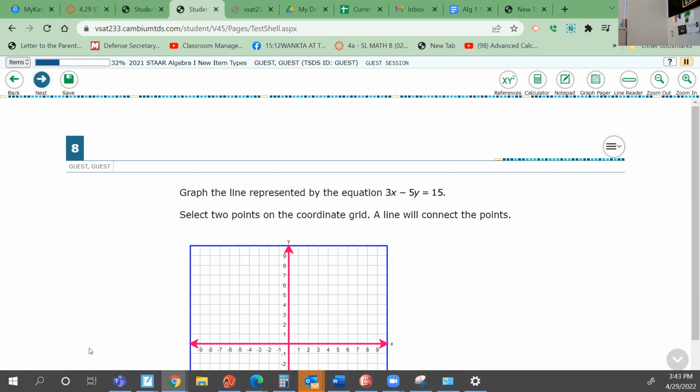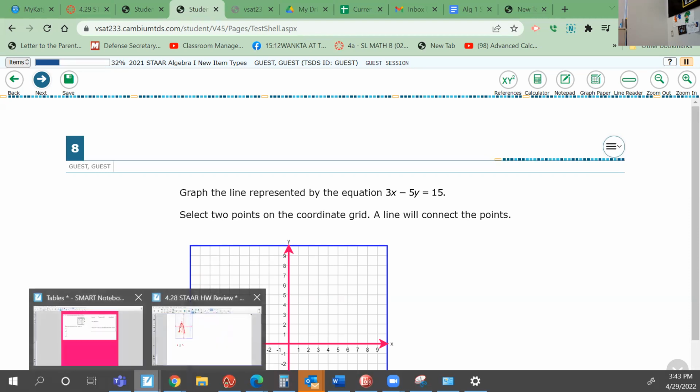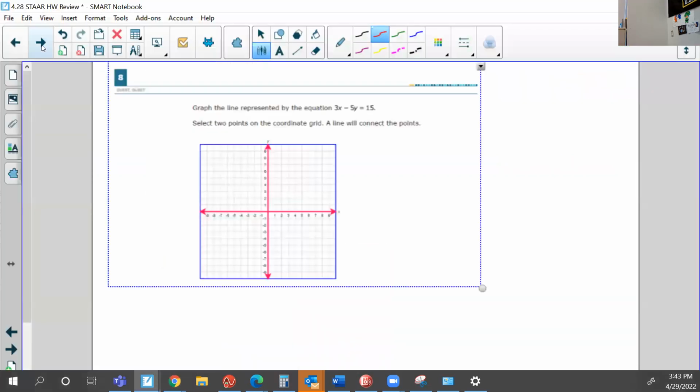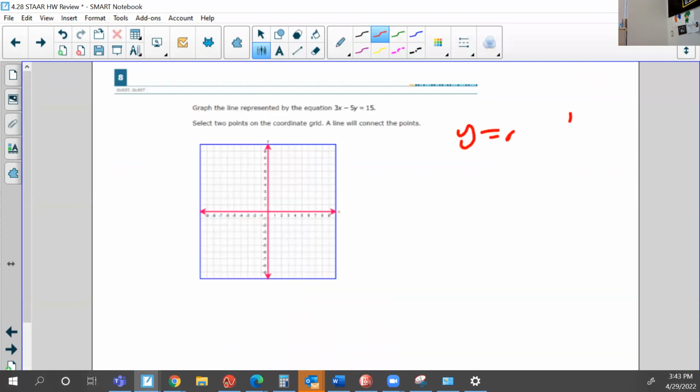Okay, here you actually graph the equation. So remember now, when we graph the equation in the calculator, it has to be formatted y equals mx plus b. So we have to go back out now and convert this equation to y equals mx plus b.